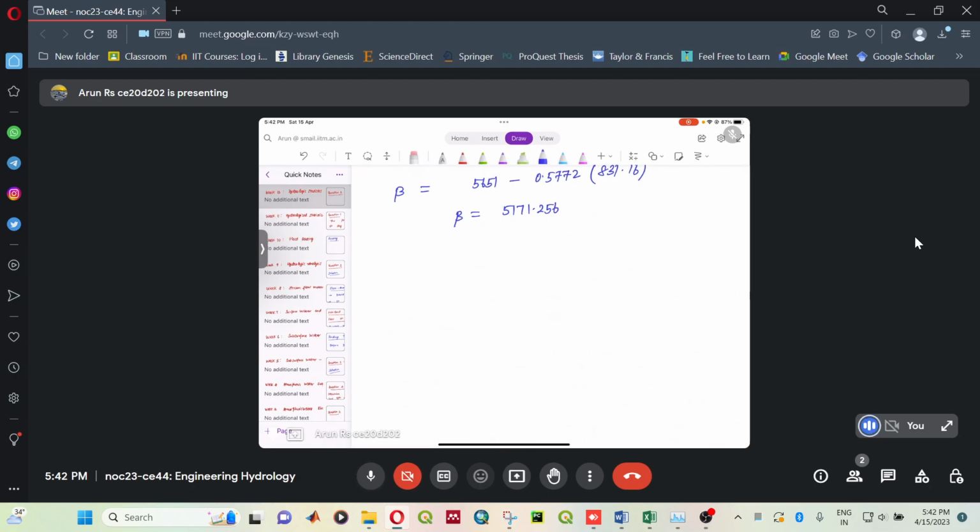Now we need to find out the value of x. If you remember, we have written the transformation for the Gumbel's distribution. yt is equal to x minus beta divided by alpha. So here x is xt, which is the value of the design flood, but we need to estimate yt.